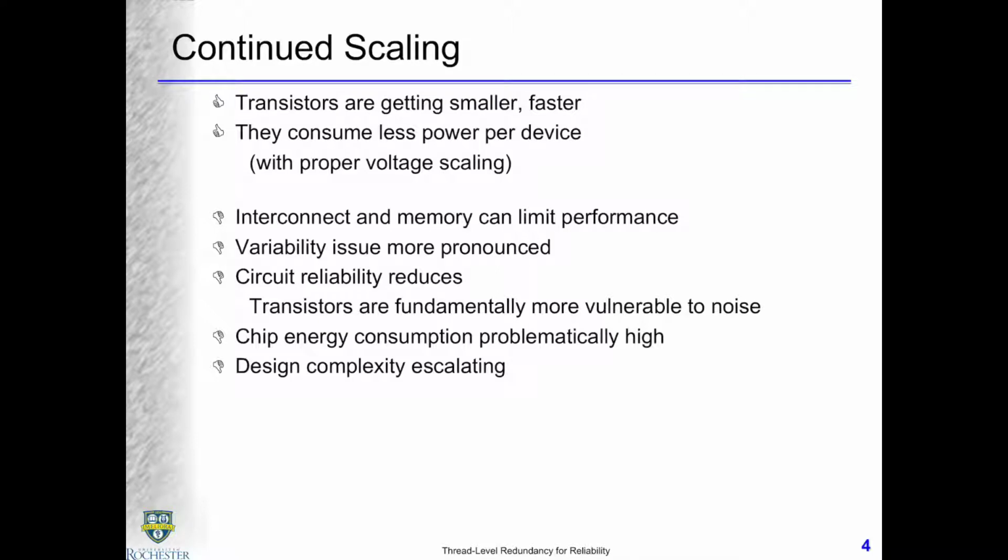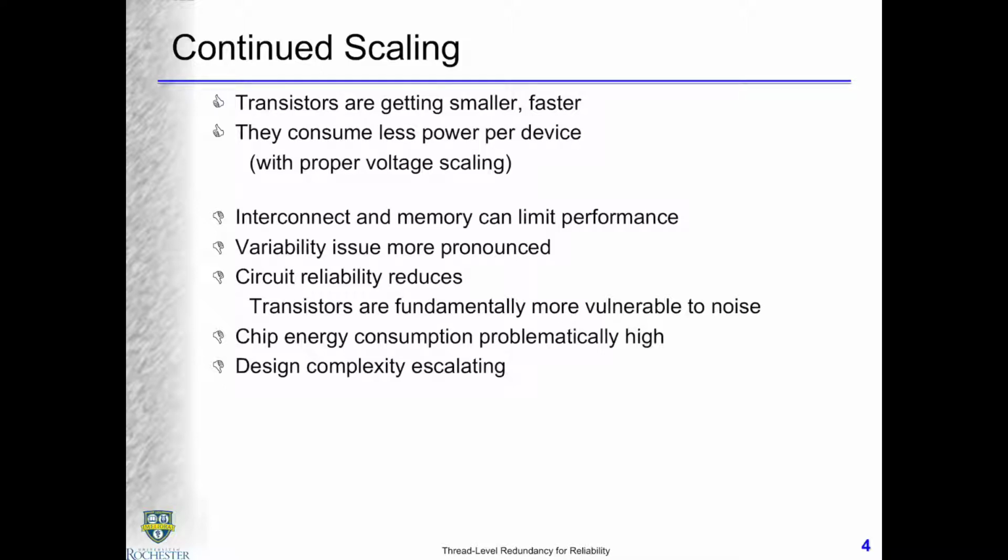So what do we get? Well, we get smaller transistors. Most of the time when we get something smaller, we get them even faster. That's a really nice side effect. And they tend to consume less power if you scale the voltage correctly. But the problem is that the interconnect, as you make them smaller, is not improving, and therefore going to off-chip memory can be a performance bottleneck.